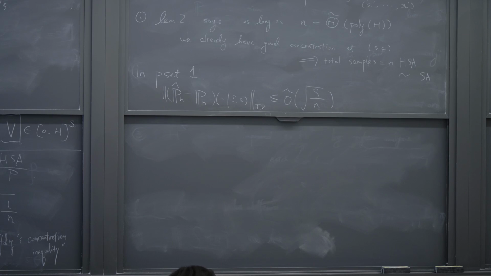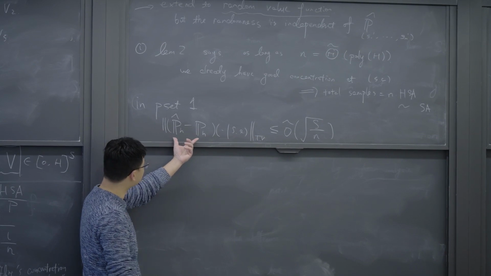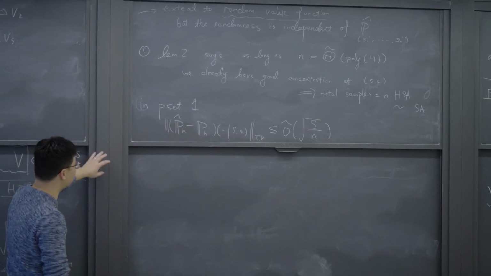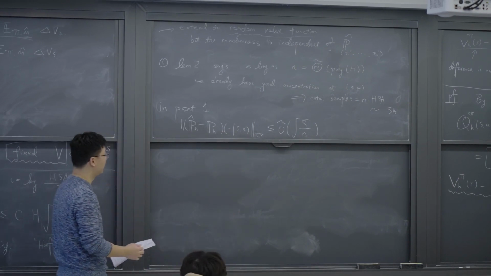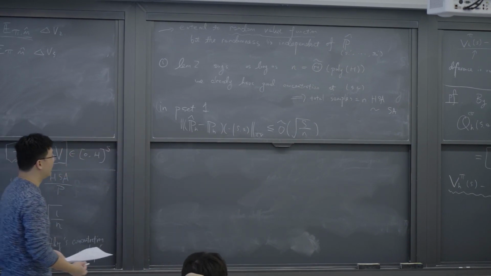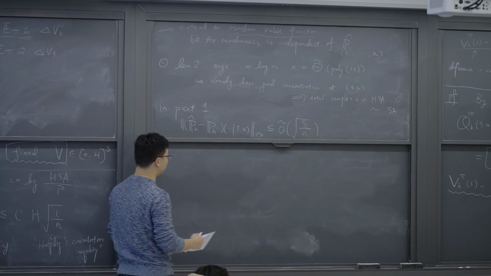This is what we traditionally require: if we really require probability to be learned accurately, we typically measure it in terms of total variation distance. In this way, we actually require N to be something linear in S.